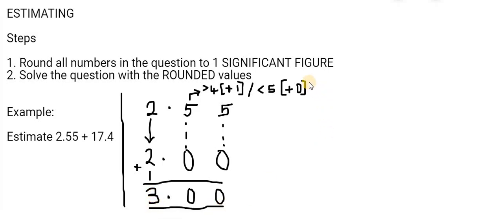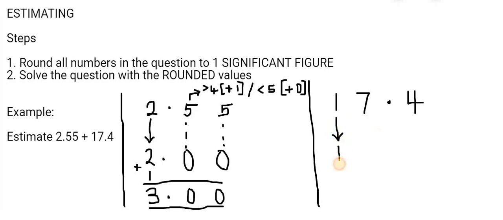If we do the same for 17.4, our first significant figure is 1. So we check the number right after that. If it's greater than 4, we add 1. If it's less than 5, we add 0.